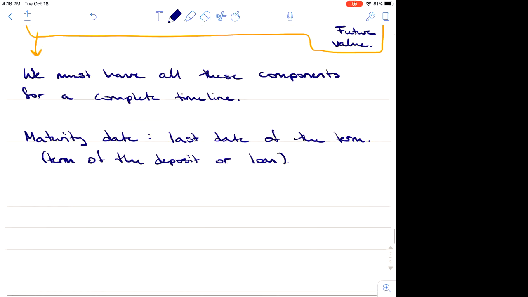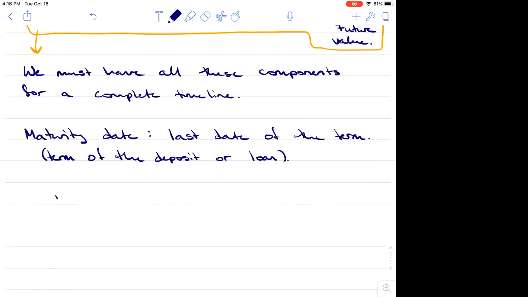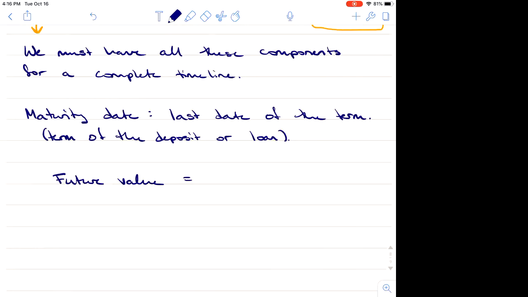So we said that the future value is the principal plus the amount of interest.